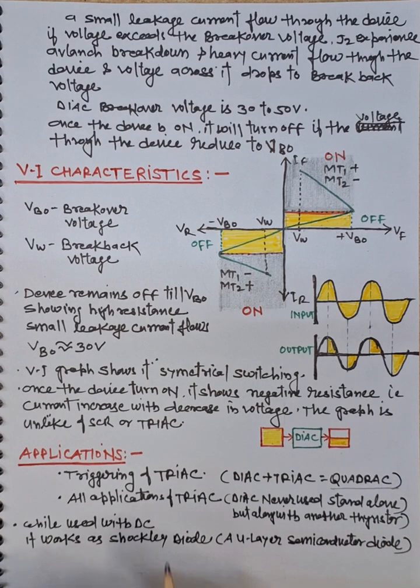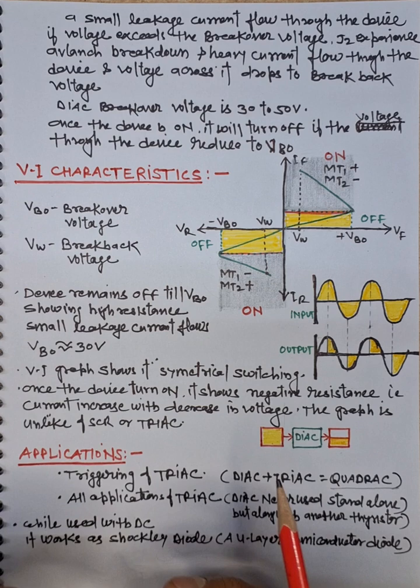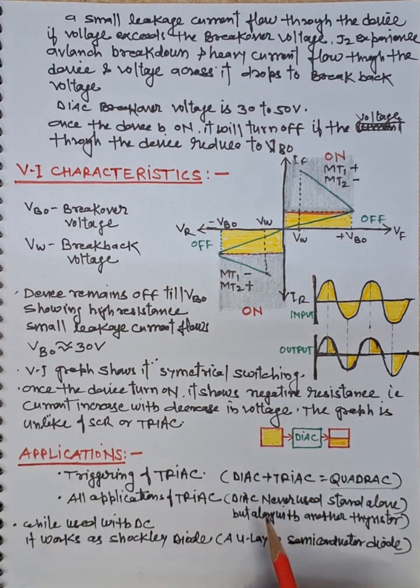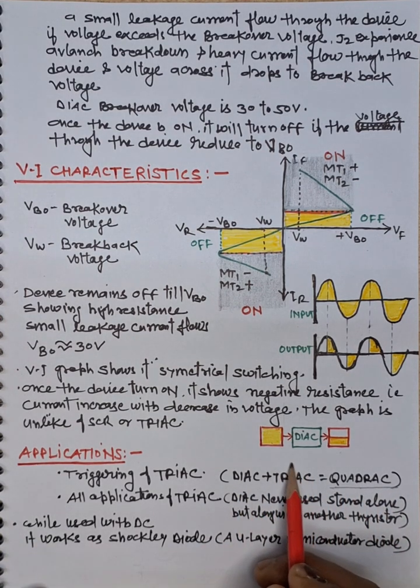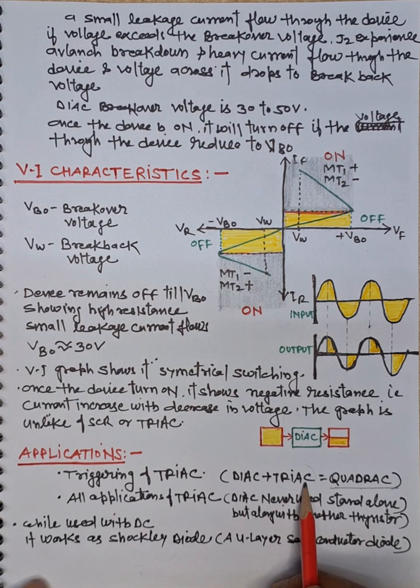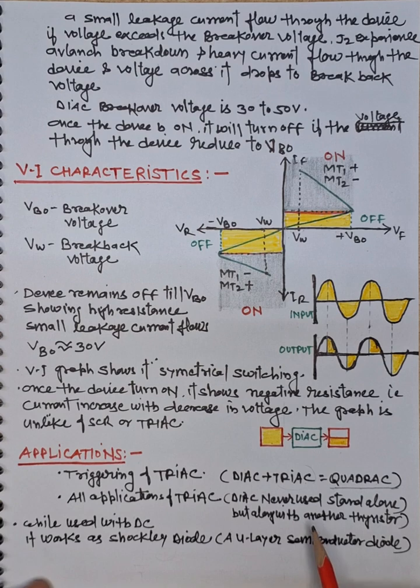There is hardly any use of the DIAC independently in a circuit, so a single pack comes in the market, which we call a quadrac. A TRIAC definitely needs a triggering device, and the DIAC is best suited for that. That is why the quadrac is available in the market.